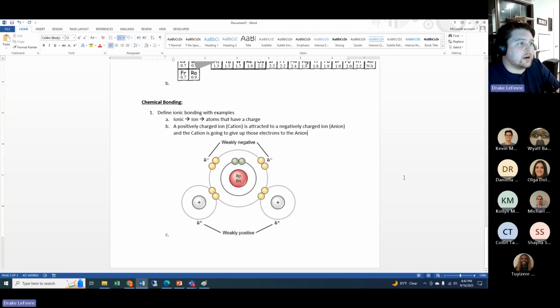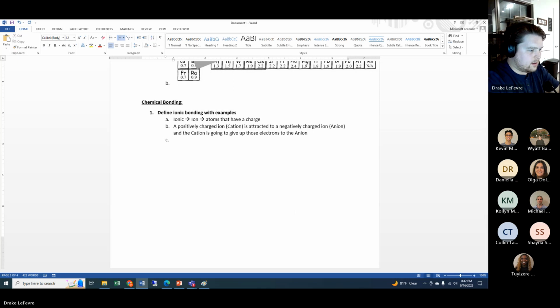The hydrogen and the oxygen bind together because the oxygen is more negative and each of the hydrogens is more positive, so they bind together because the positives and negatives attract each other. So I'm going to write this out. The anion takes the electron and keeps it for itself.